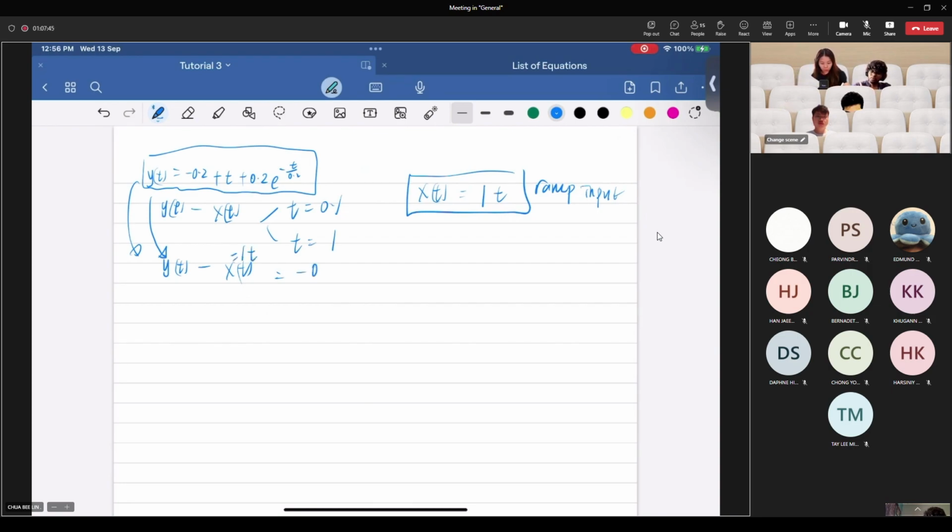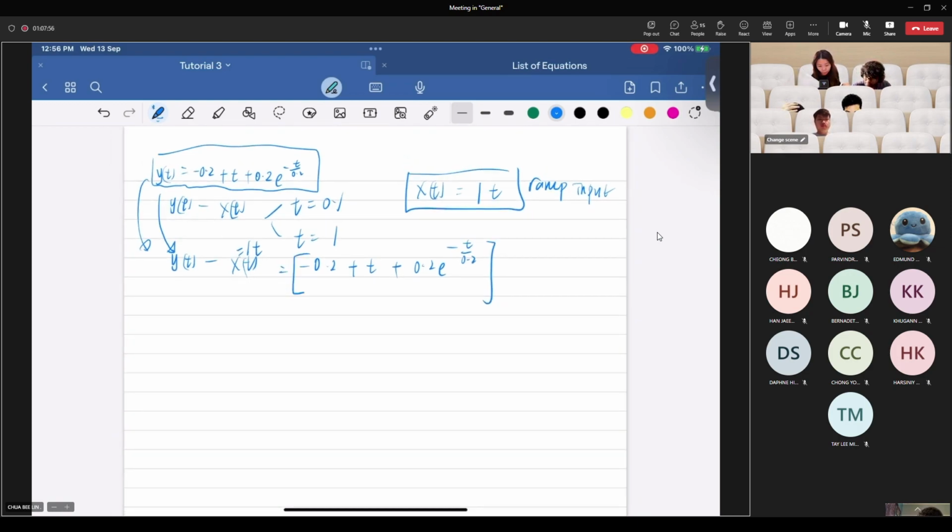So negative 0.2 plus t plus 0.2 e negative t over 0.2. This one is your yt, and then minus xt, where your xt is 1t.